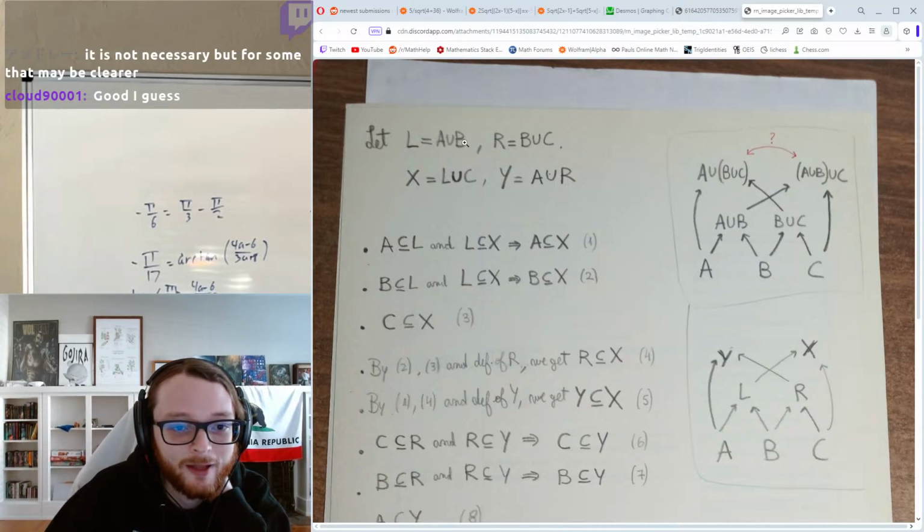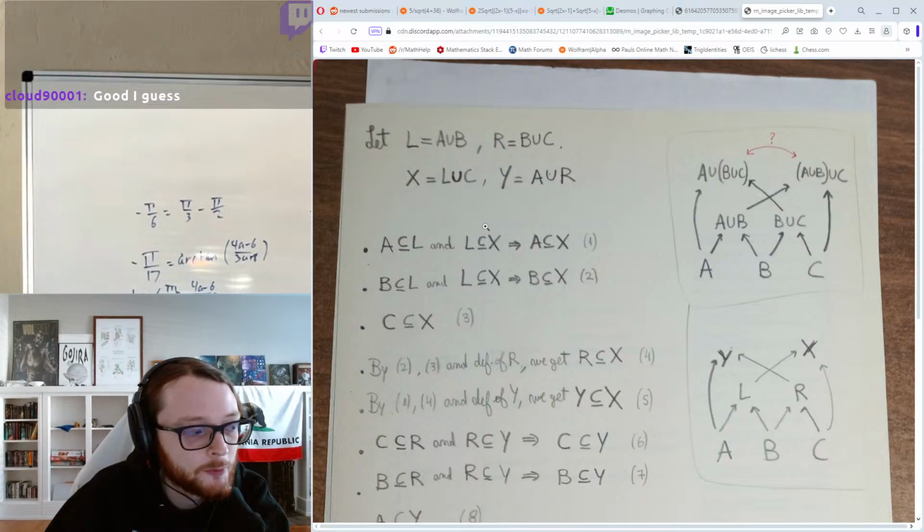So B is a subset of L, and L is a subset of X, so B is a subset of X, okay. And C is a subset of X, okay. Just by our definition of union here.